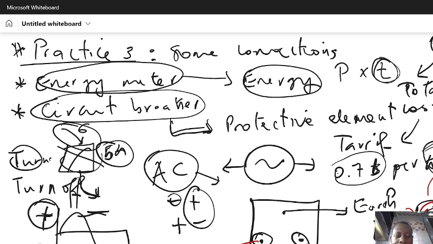But since the voltage is AC, here can be my neutral and here my live, because the polarity will change. Sometimes it will be positive, sometimes negative. That's why it does not matter if we put the live here or the neutral here. Here has to be the earth.